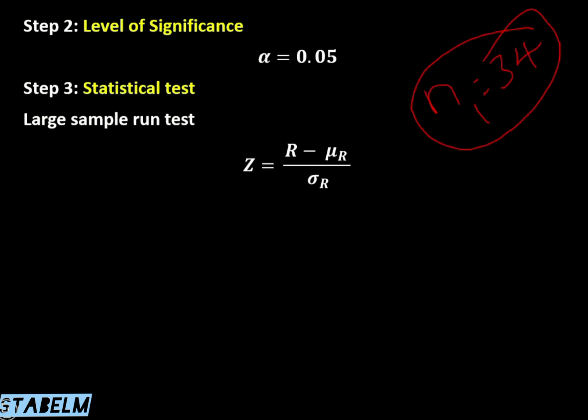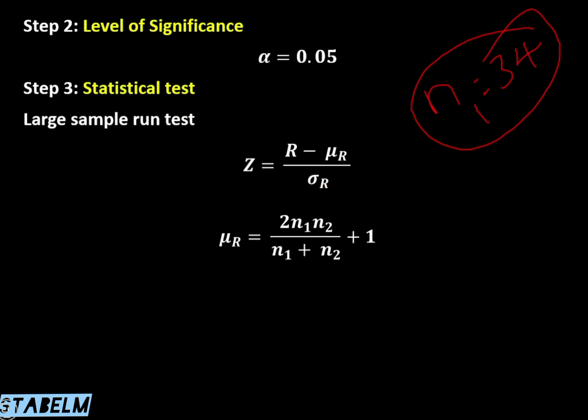Mu subscript R equals 2 n1 n2 divided by n1 plus n2, plus 1. I gave this formula in the first slide, but we have to remind ourselves here: 2 n subscript 1 n subscript 2 divided by n subscript 1 plus n subscript 2, plus 1. We have to take note of this formula very well and should not make any mistake.